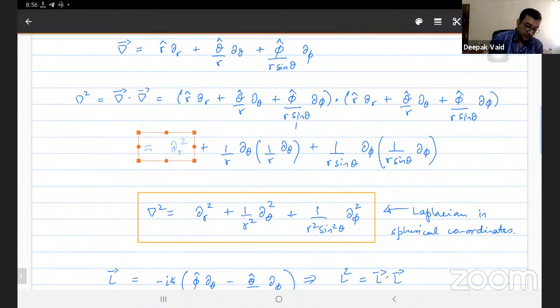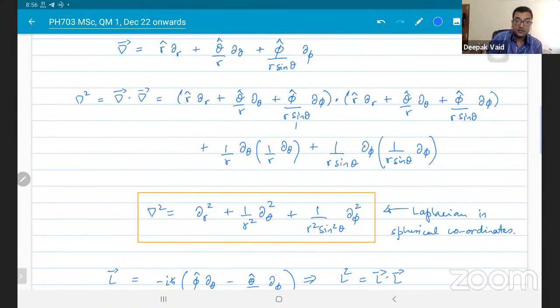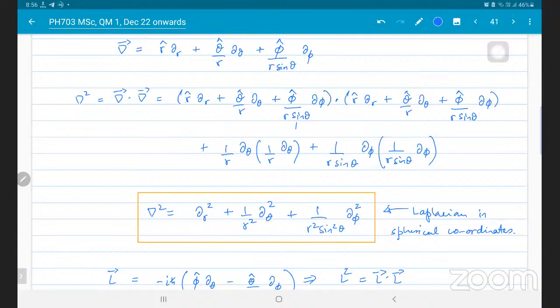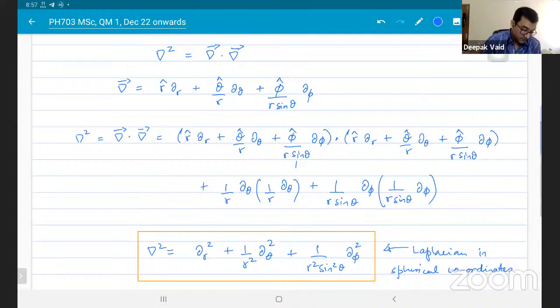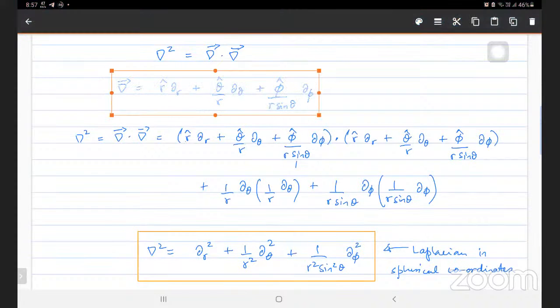Okay, anyways, I'll just write down the final answer. Sir, here you mistook the divergence of del. You wrote the equation of the gradient. This is the gradient, no?